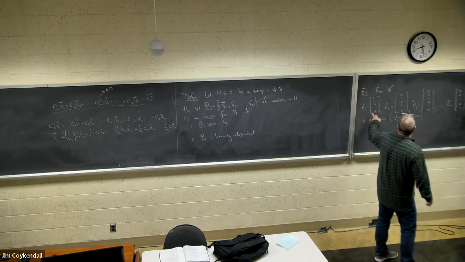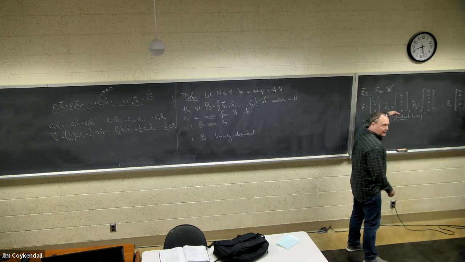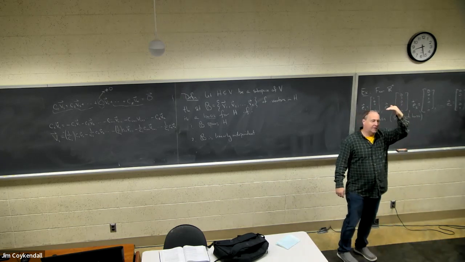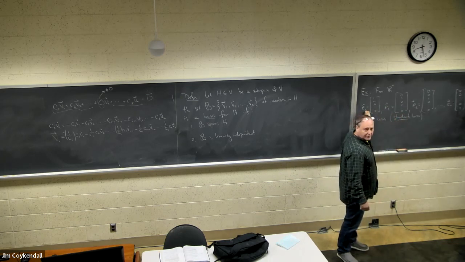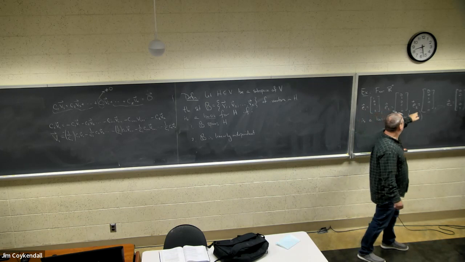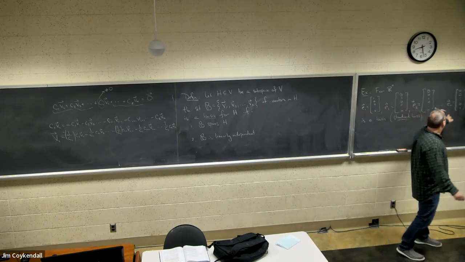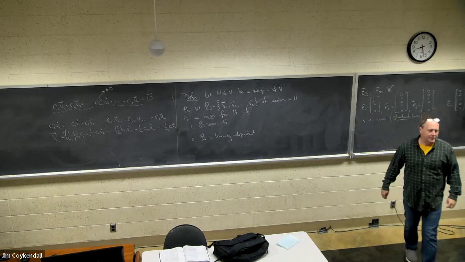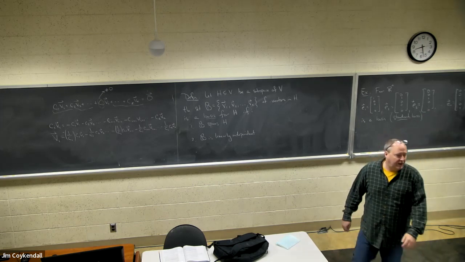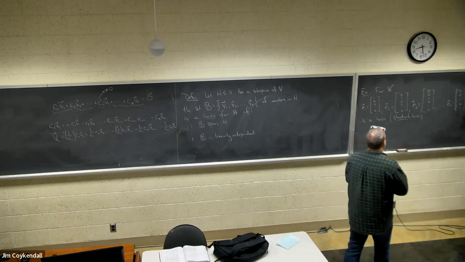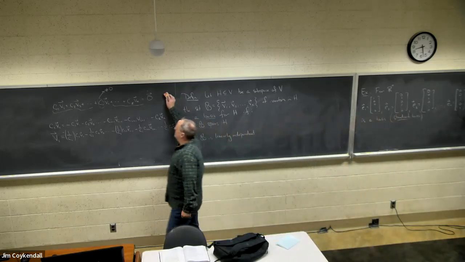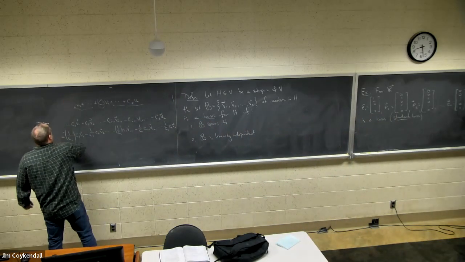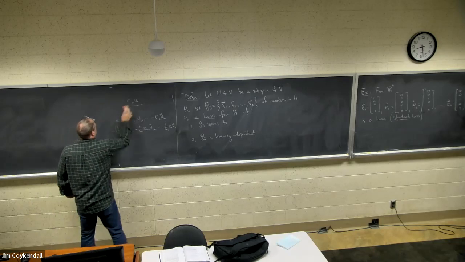Because everything in R^n, let's suppose you have a vector a1, a2, a3, all the way down to an, is a1 times this, a2 times this, a3 times this, and so on, all the way up to an times that. And it's easy to check that this is actually a linearly independent set as well. Here's an example.